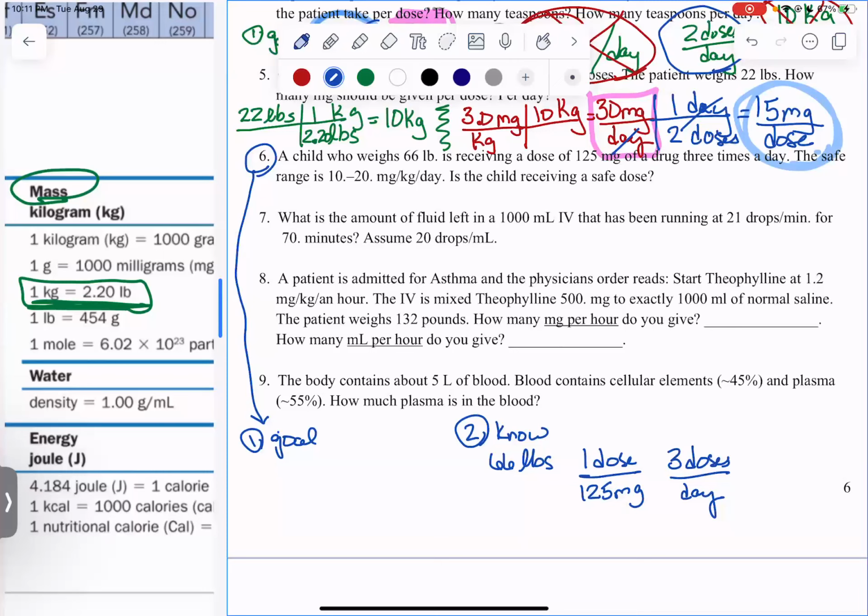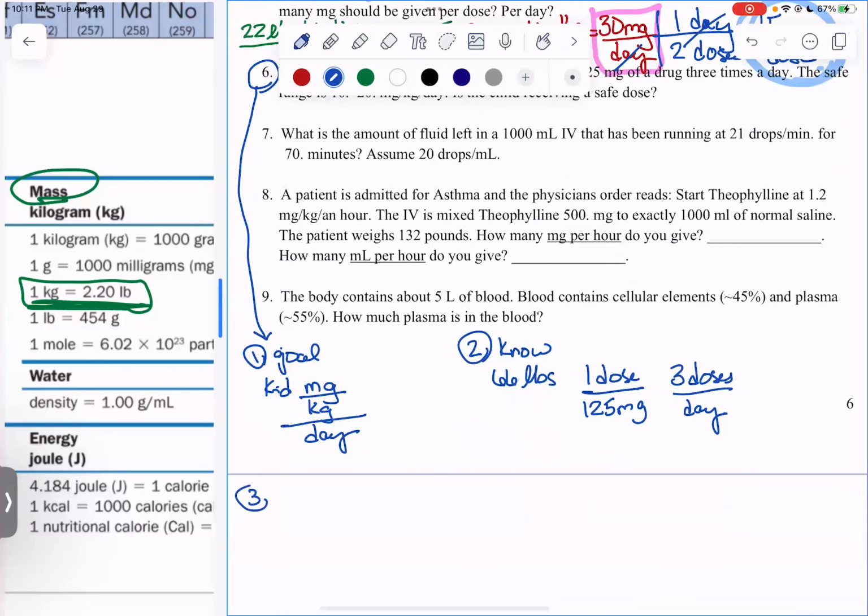So the goal is to find out how much we're giving this kid. What's their dosage? How many milligrams per kilogram per day are they getting, right? Okay, so let's set up our dimensional analysis. What do we know?